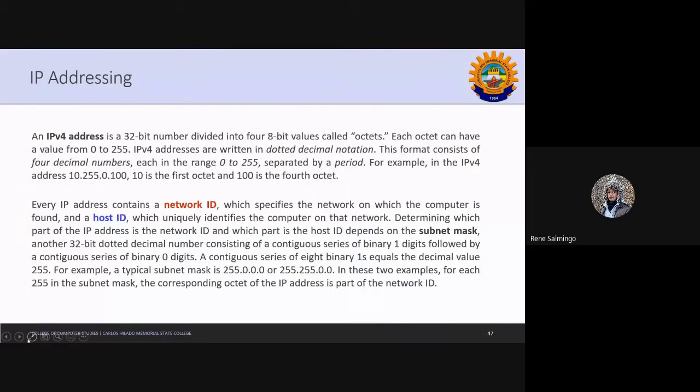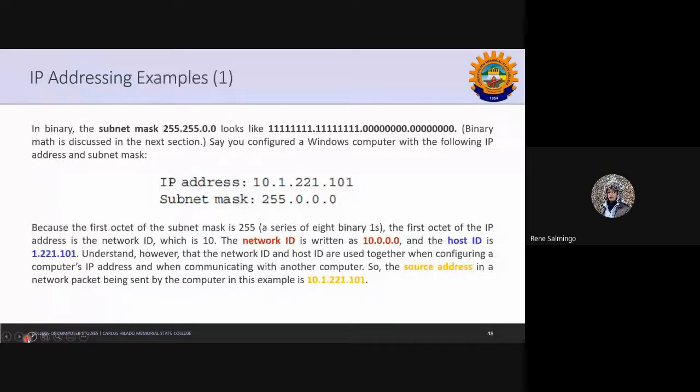It's another 32-bit dotted decimal number, consisting of a contiguous series of binary 1 digits followed by a contiguous series of binary zeros. And a series of 8 binary ones equals the value of 255.